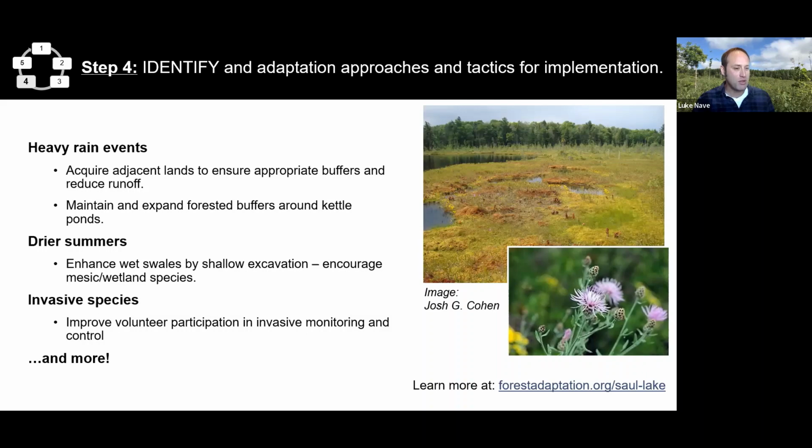Folks are glad to pull knapweed or participate in activities that allow for some feeling of participation in conserving a place. So the team identified increasing volunteer opportunities to help with the management of invasives and also monitoring the invasives. Photography, digital photography, citizen science apps on smartphones, and so on.